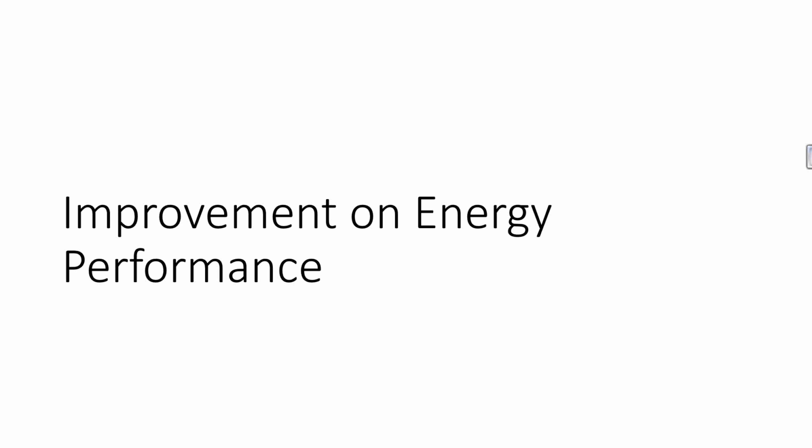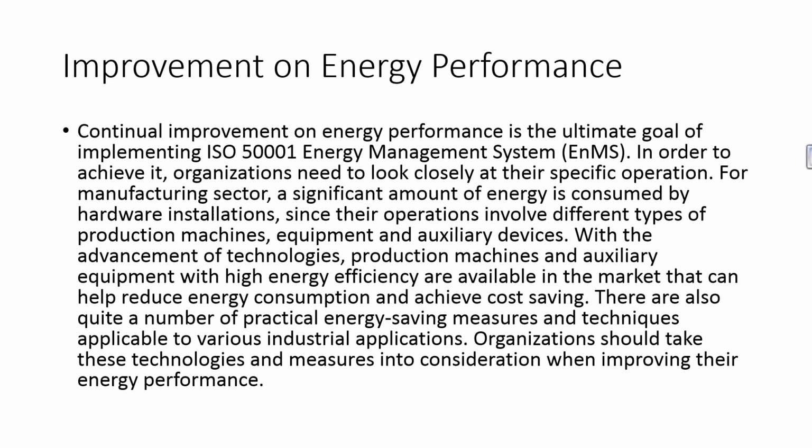Well, we come to today's main point, that is improvement on energy performance. Continual improvement in energy performance is the ultimate goal of implementing ISO 50001. In order to achieve it, organizations need to look closely at their specific operation.